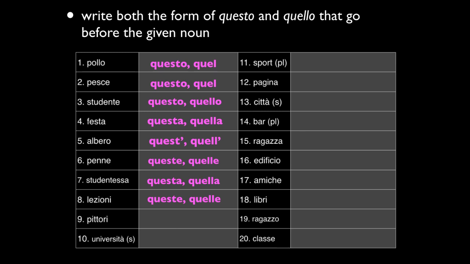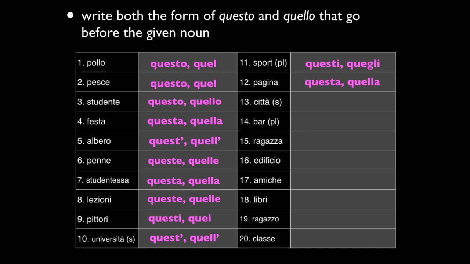Pittori, this is masculine plural, so you have questi pittori and quei pittori. Università, although it could be plural, I've indicated that it is singular, so it is quest'università and quell'università. 11, sport, I said it's the plural even though it won't indicate it because it's an English imported foreign word here, so it's going to be masculine and unchangeable in the plural, so questi sport and quei sport.